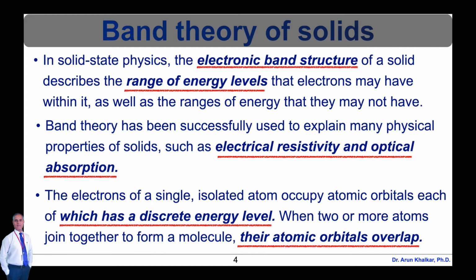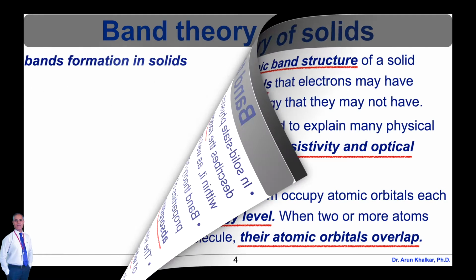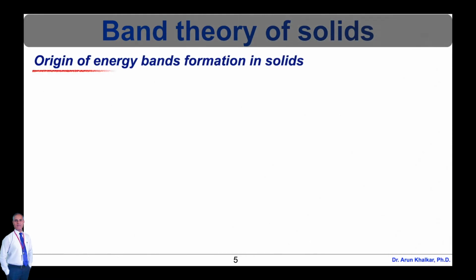So if two identical atoms combine to form a diatomic molecule, each atomic orbital splits into two molecular orbitals of different energy, allowing the electrons in the former atomic orbitals to occupy the new orbital structure without any having the same energy. Now let's see the origin of energy band formation in solids.